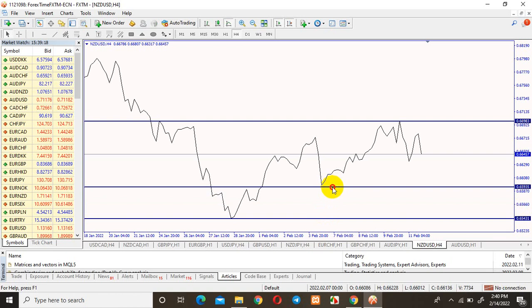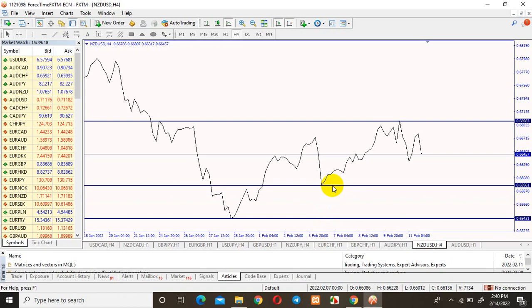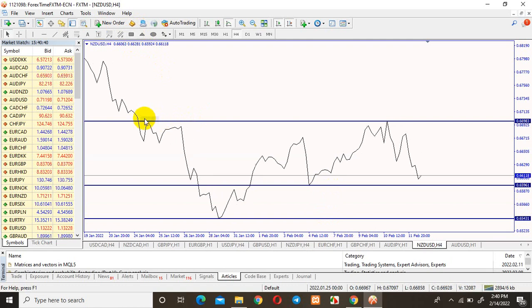Further, I have this. If you can see very well, you see that price has made this a resistance zone and equally have this resistance. So let's go now to our candlestick chart.